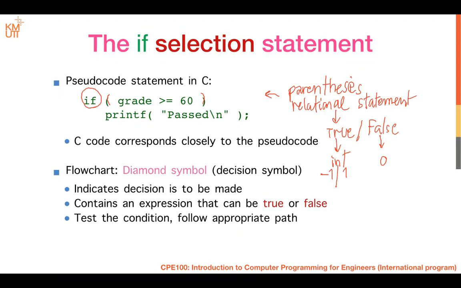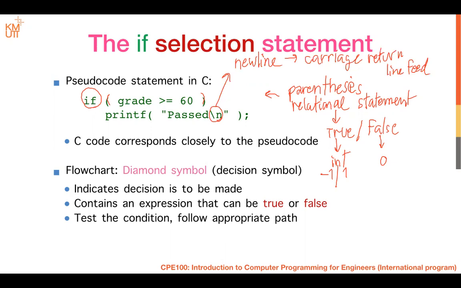But you can see this, right? If you remember, \n means new line. This is a new line character: carriage return and line feed. Do you know what I mean?